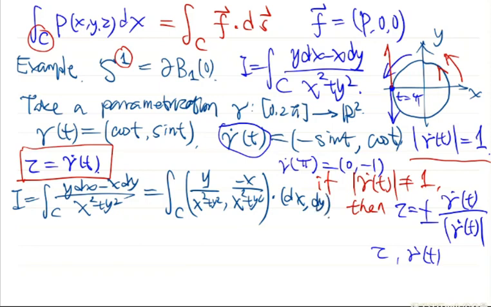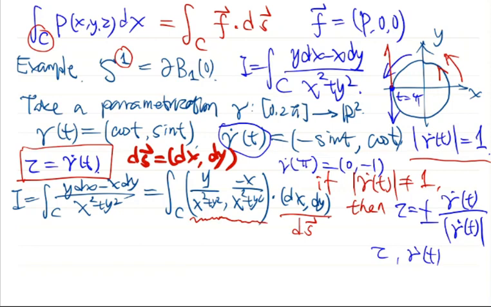You only need to remember ds is (dx, dy). This is two-dimensional. If three-dimensional, you also have dz, but now we are two-dimensional. So the vector ds is (dx, dy). Then the other coefficient you can write as a vector field, a vector valued function, with components y over x squared plus y squared and minus x over x squared plus y squared.